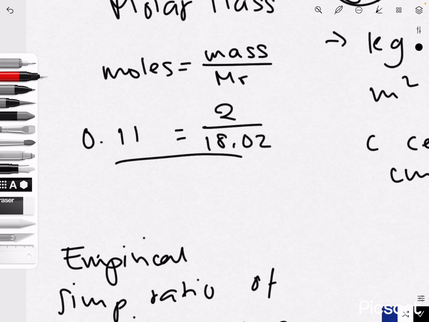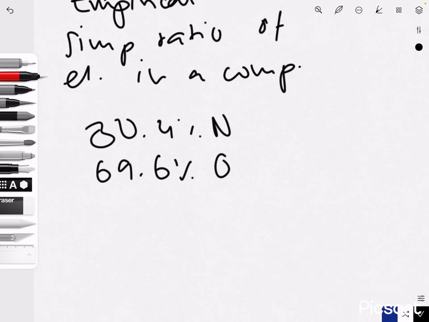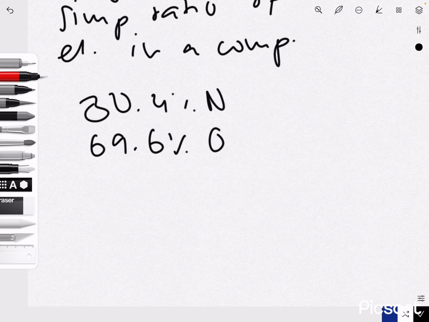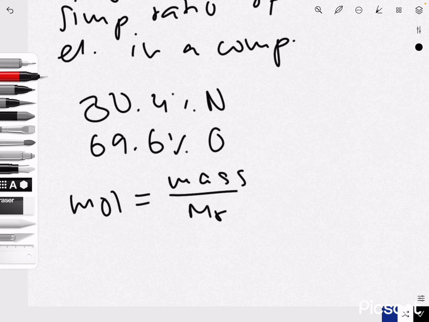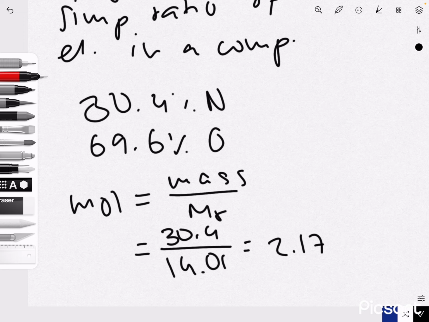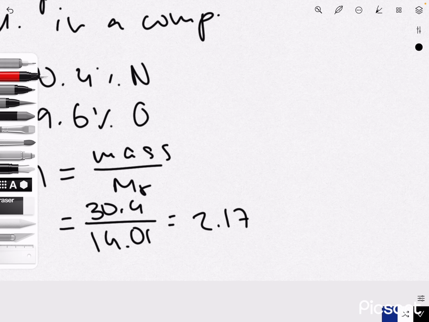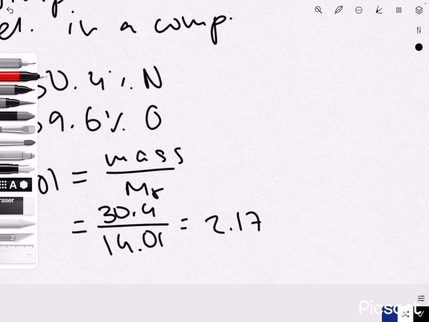Moles equals mass over Mr. So we will do 30.4 divided by the Ar of nitrogen, which is 14.01, giving us 2.17. And for oxygen, we will do the same thing, 69.6.